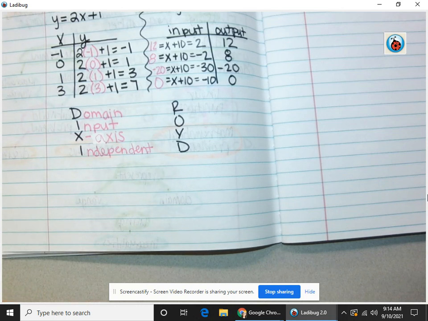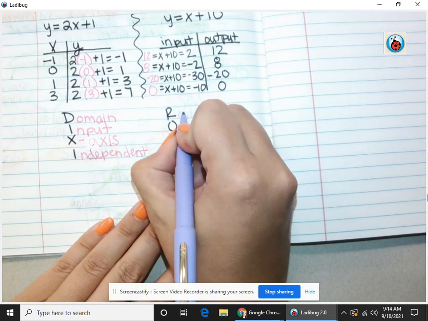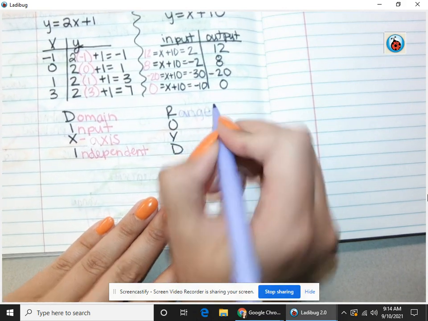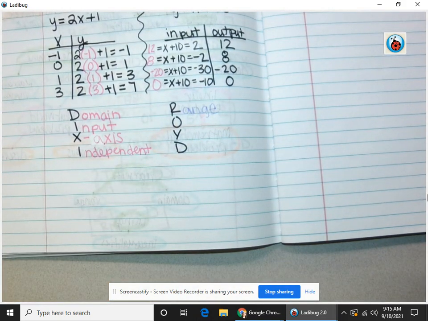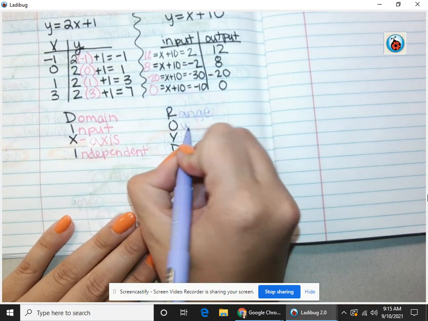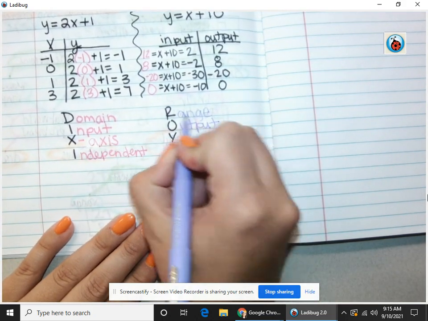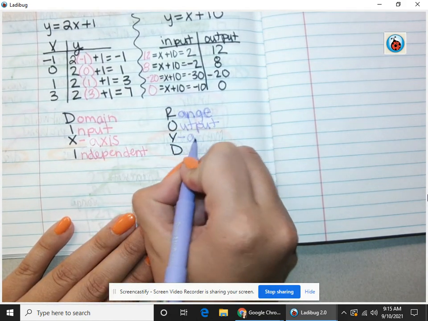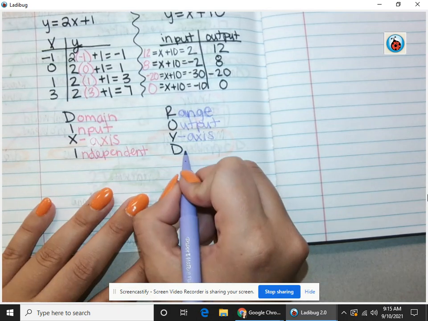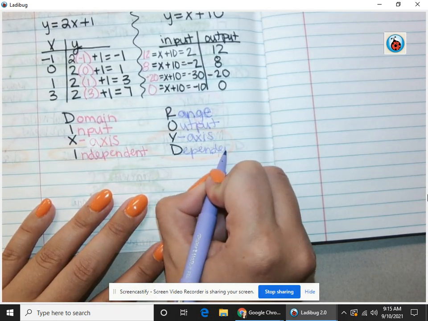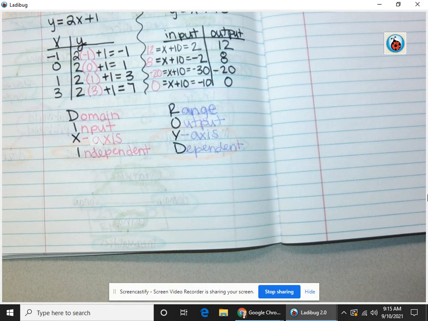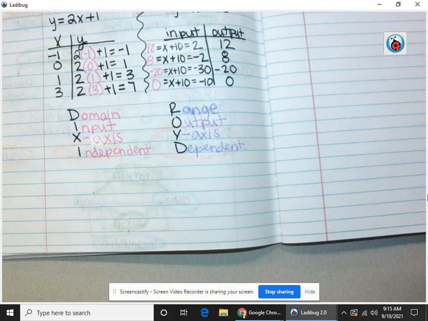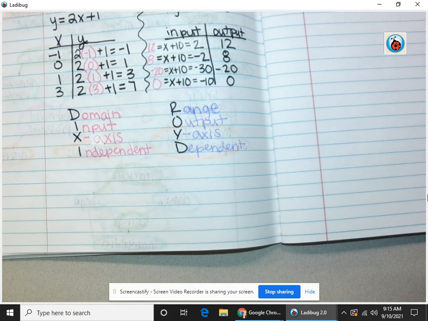When we're talking about range, or ROYD, we've got range, output, the y-axis, and the dependent variable. Are there any questions?